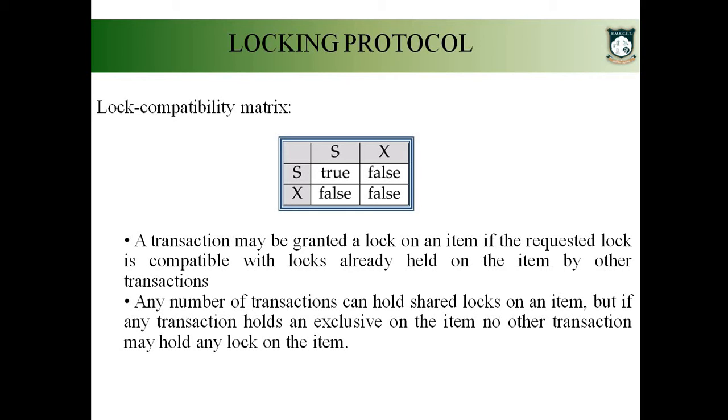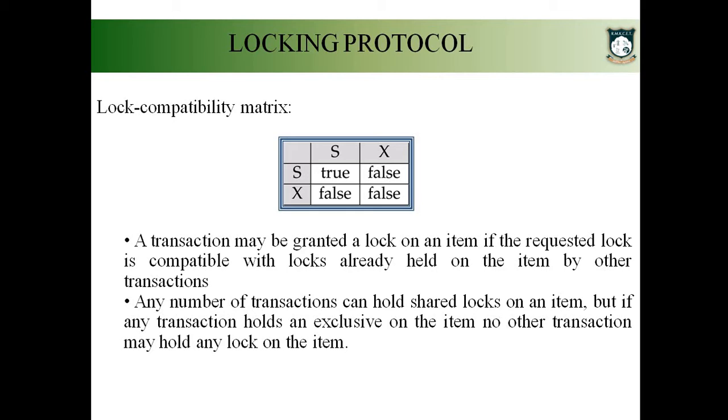What I am trying to say is, T1 has already locked in shared mode. Now T2 is requesting to lock the same data item in shared mode. Shared mode and shared mode are compatible with each other, so the lock request will be granted. Suppose the requested mode is not compatible with the already locked mode, then it will not be granted.